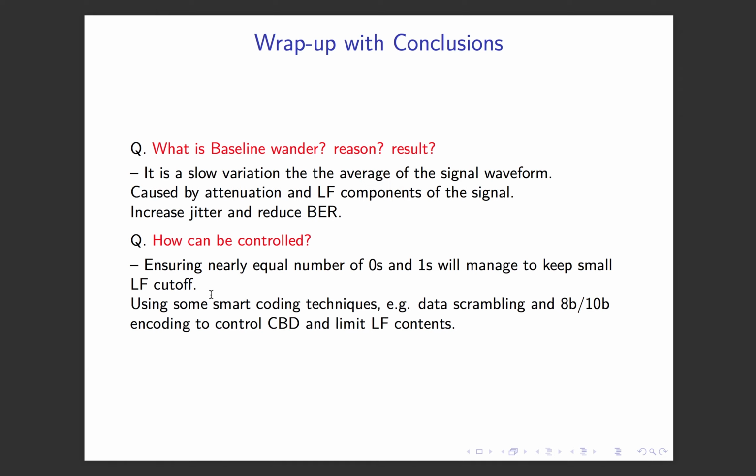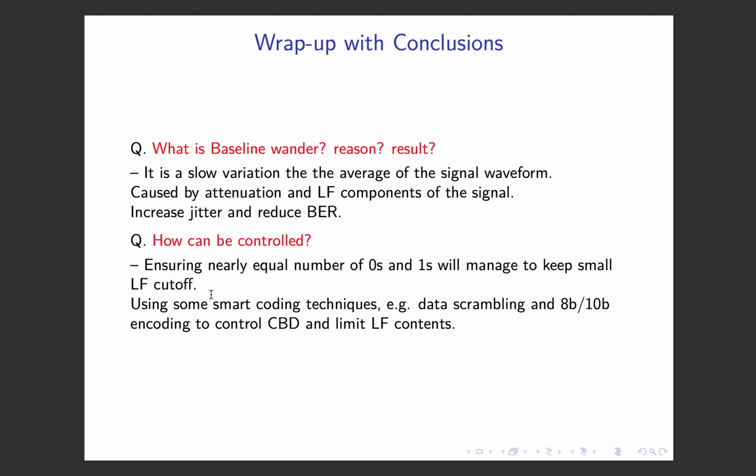If we have some waveform and we draw a mean around it, which is practically what the CVD is doing, then this slow variation is the baseline. Why is it caused? Because of the low frequency components and the attenuation present in the signal. And it will increase the jitter and reduce the bit error ratio.